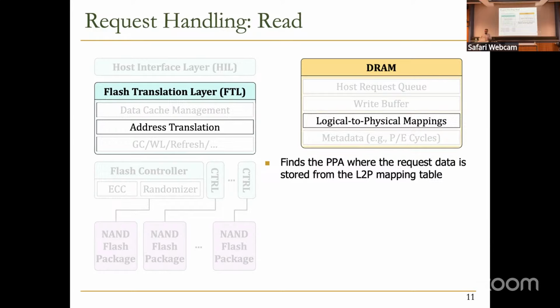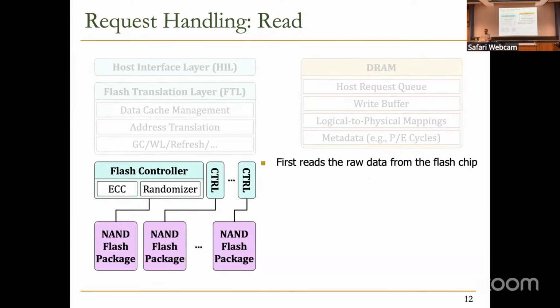After that, if we need to access the flash chips, you need to find the address. That's why we query this logical to physical mapping, to understand exactly which flash chip, block, and page you need to access. Once you know the exact physical address, you go through the flash controller and access the corresponding NAND flash package.